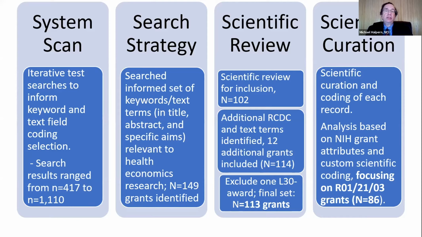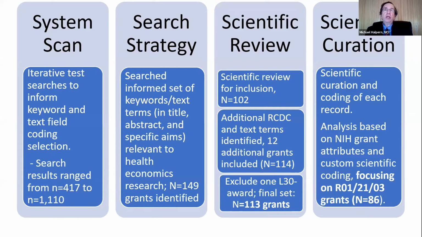Once we narrowed down our search terms, we came up with appropriate terms and identified 149 grants that we then searched through. Each grant was searched by at least 2 members of the study team, and we identified 102 grants that included economic outcomes.